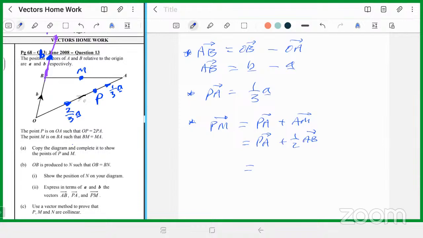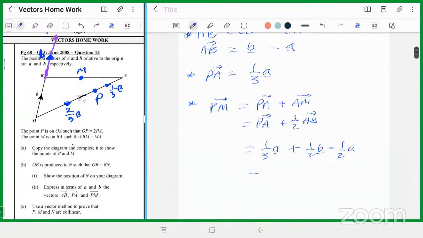So it works out to 1/3 A, that's what the PA is, plus half of these, half of those. So you have half of this part and half of this part. So it becomes half of B minus half of A. I want to have consolidated values, so this is only B terms.